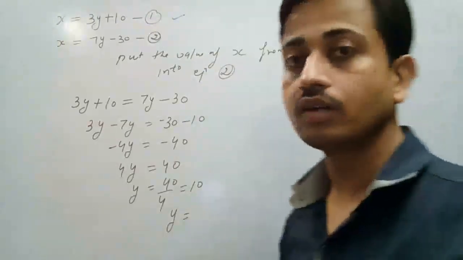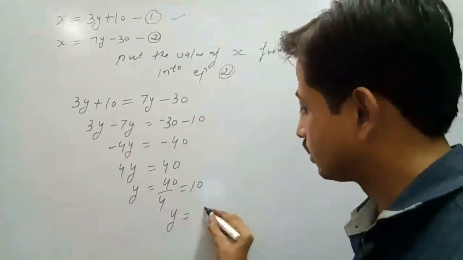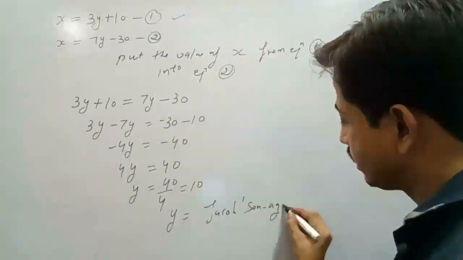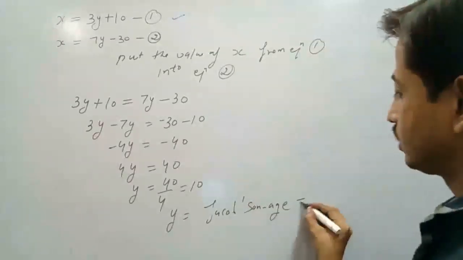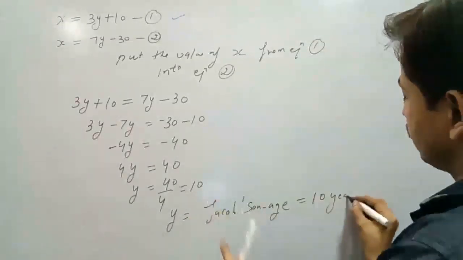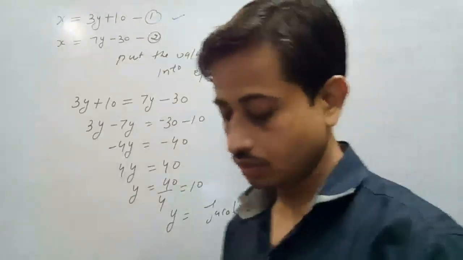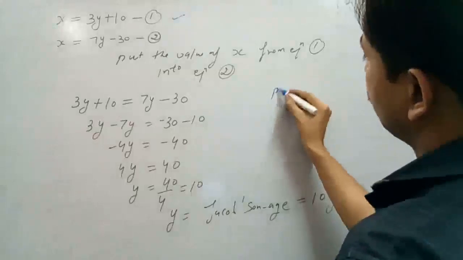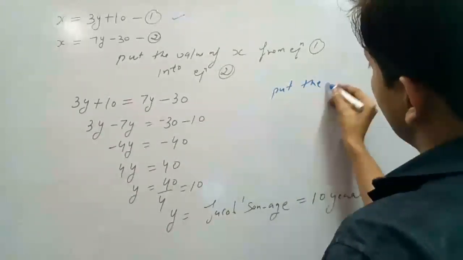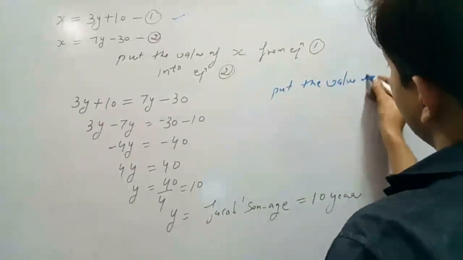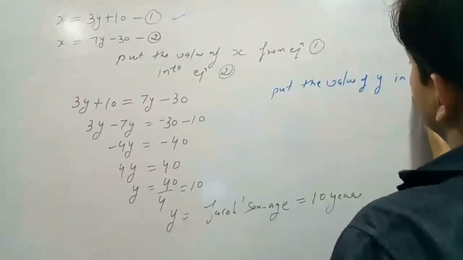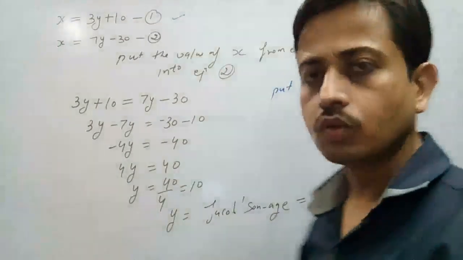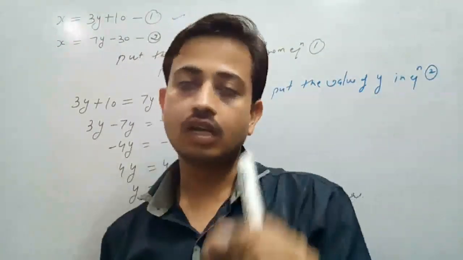So what is y? y is his son's age. Jacob's son's age is what? y, which is 10 years. This is our first answer. Now we have to calculate Jacob's age. Now put the value of y in equation 2. Whenever you get a value, it's your choice.